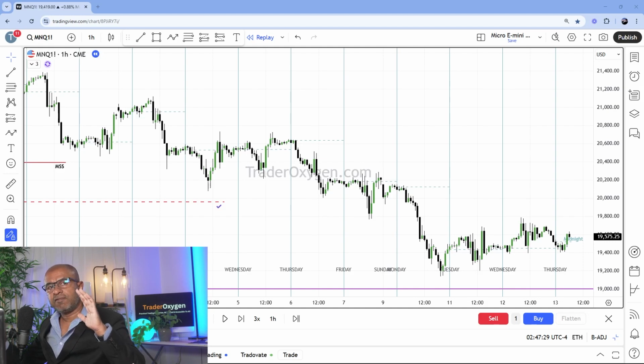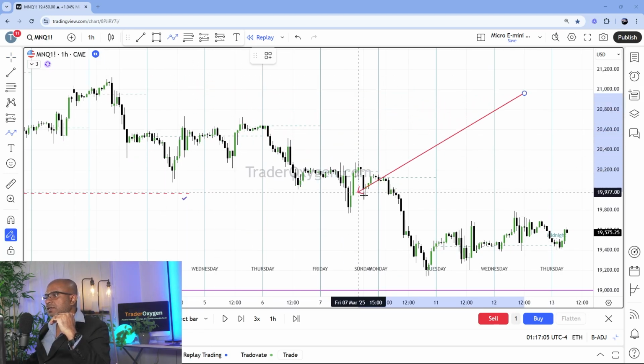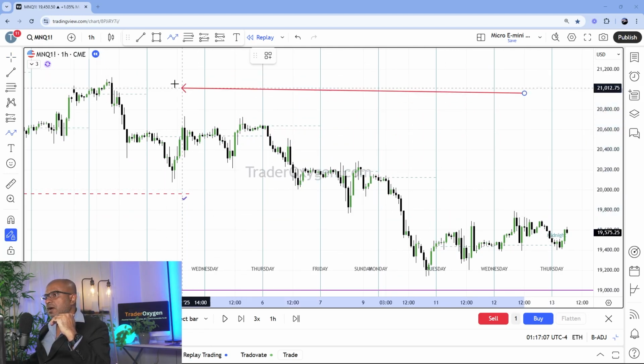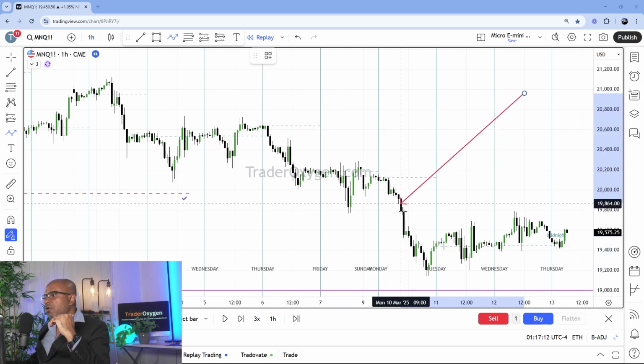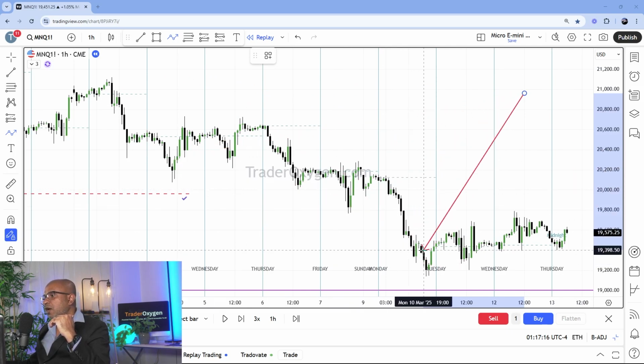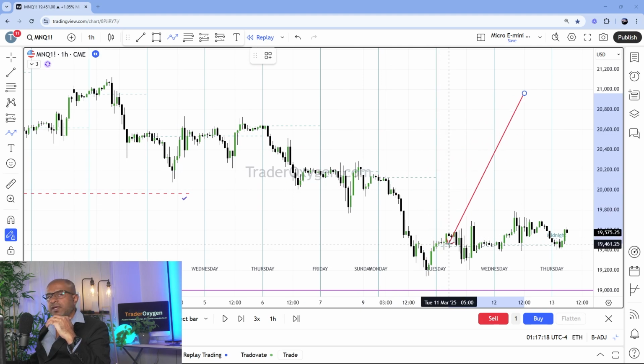Okay, so now let's jump into the 1-hour chart. In the 1-hour chart, the overall market structure is bearish. The price is going down, making lower highs and lower lows all the way down, with strong displacements and big down candles where price is showing bearishness.